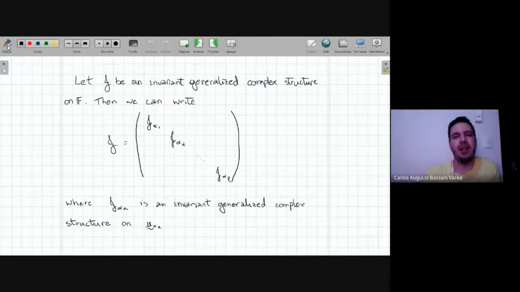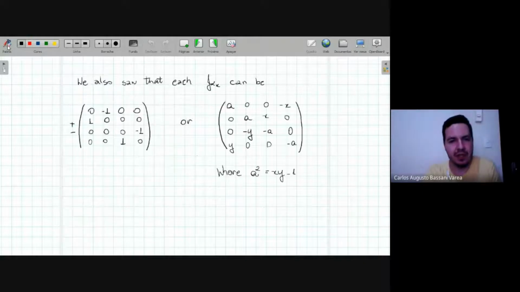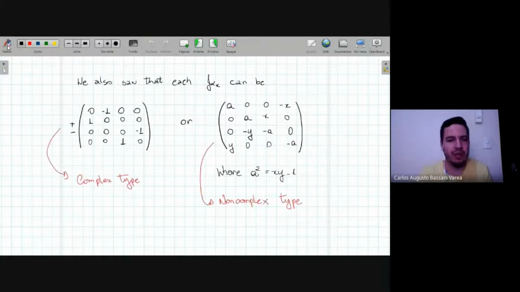So it's a four-dimensional matrix, which we saw in the last lecture that can assume two forms, which we call complex type, the first one, because it comes from a complex structure, and the second we called non-complex type, where we have this additional condition here.